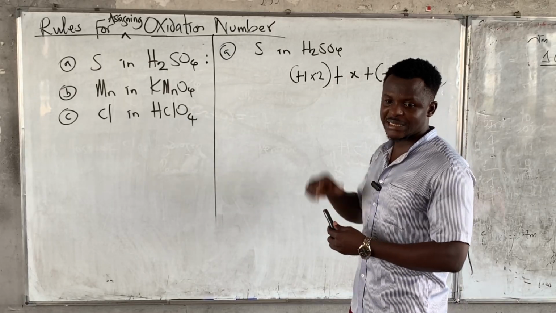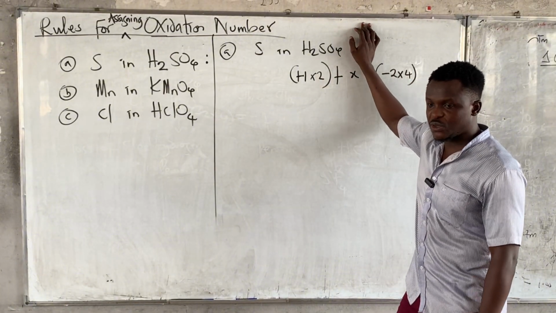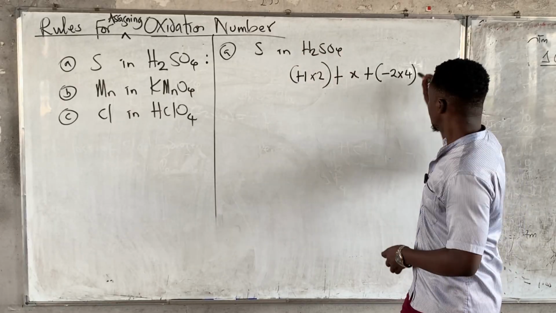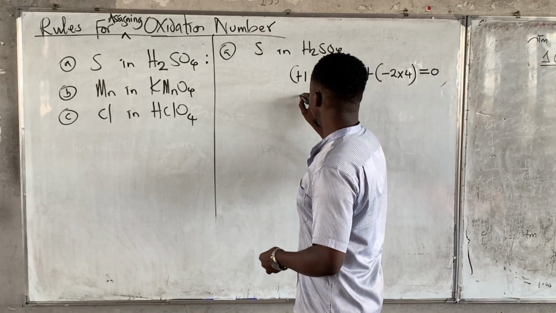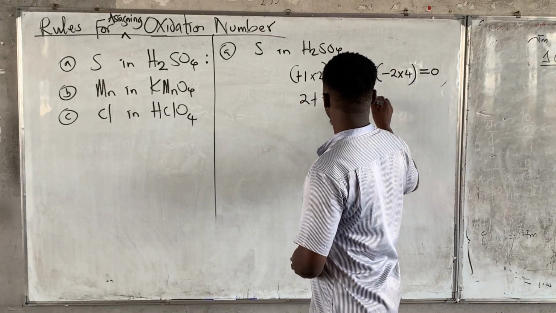Do not forget that at the end of the day, we are going to equate it to 0 or the charge, depending on whether this is neutral. If you look at this, this is neutral, right? So equate it to what? 0. Plus 1 times 2 is 2, plus X minus 8 equals 0.